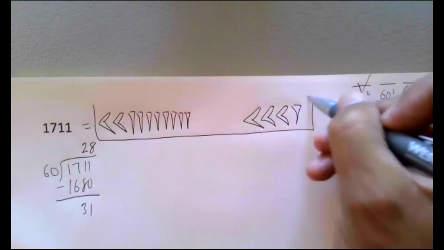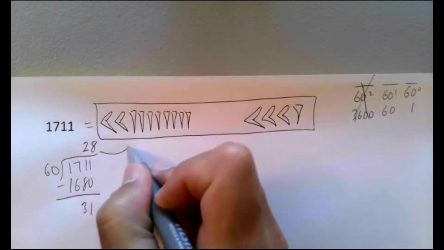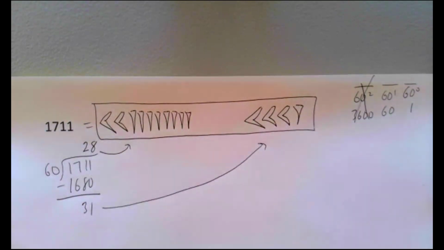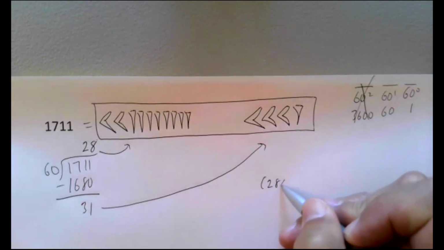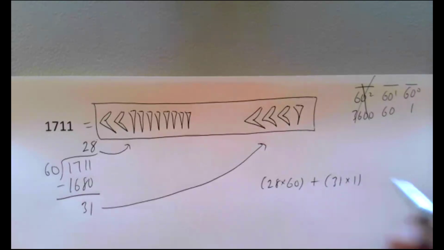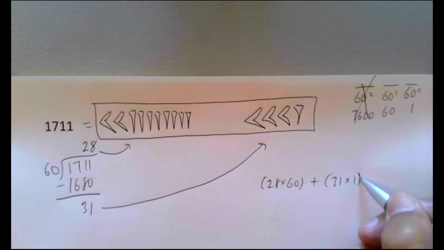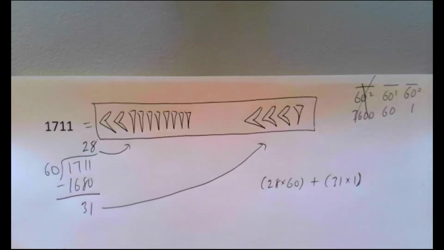That's the Babylonian version of 1711. The 28 goes there, the 31 goes there. 28 sets of 60 plus 31 sets of 1. If you did that, parentheses would mean you multiply those first and then add the answers at the end. You would get 1,711.